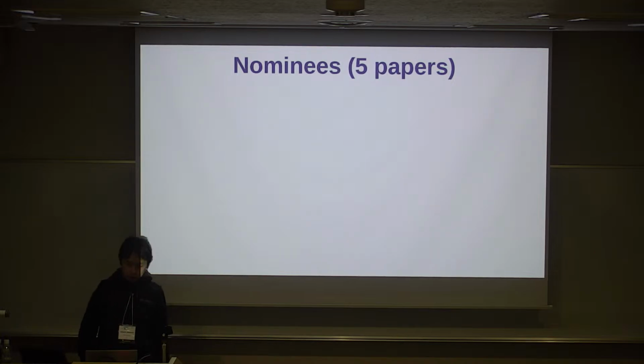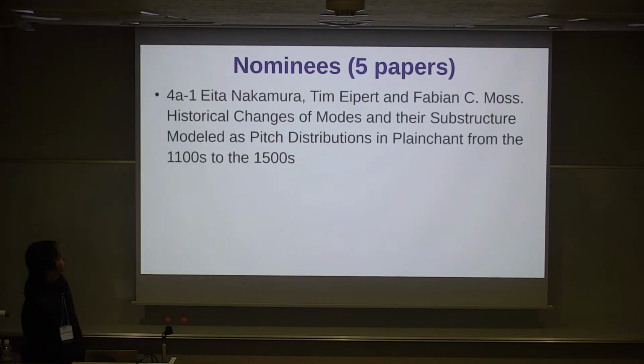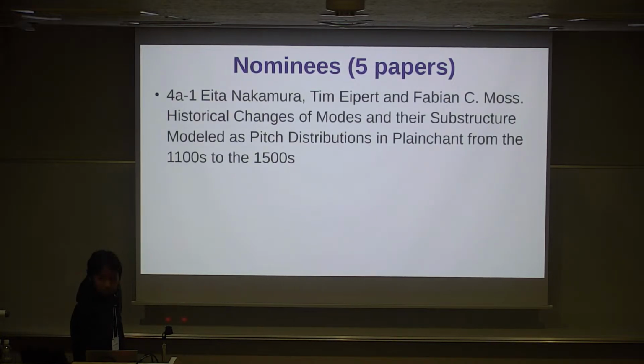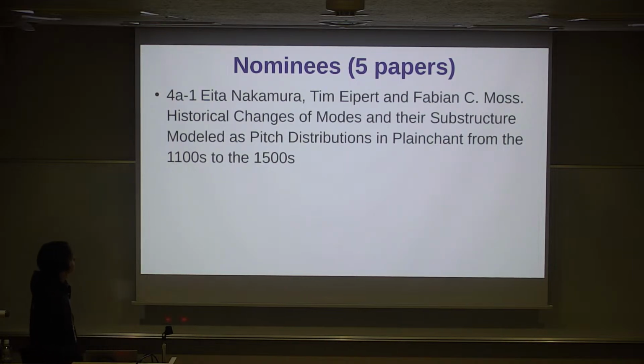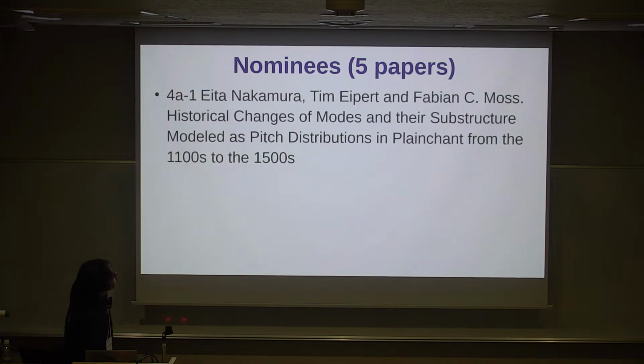The fourth nominee is Eita Nakamura, Tim April, and Fabian C. Moss: historical changes of modes and their substructure modeled as a pitch distribution in plane jump from the 1700s to the 1500s.